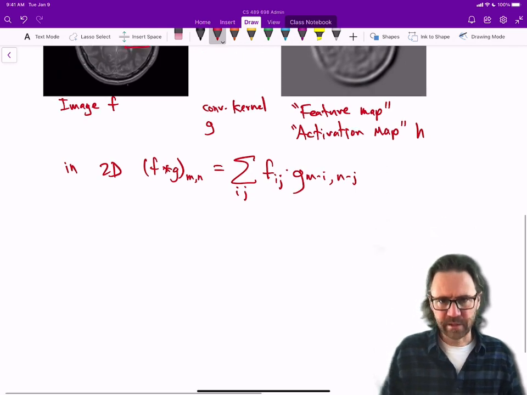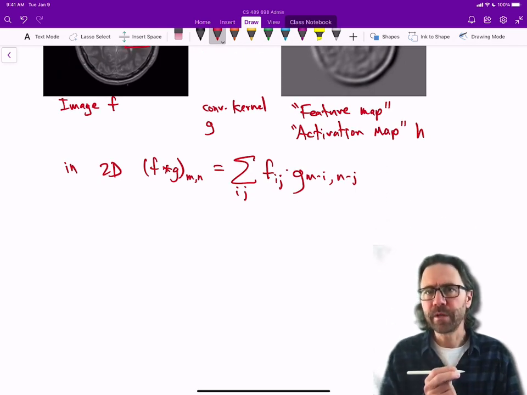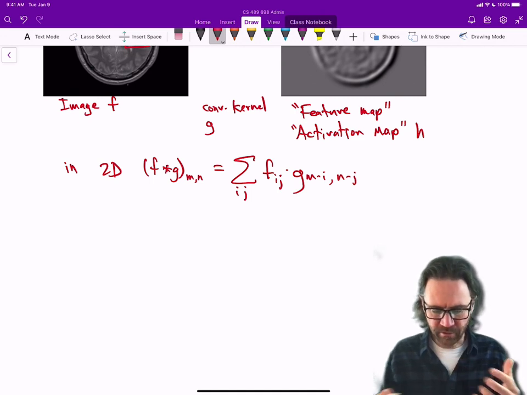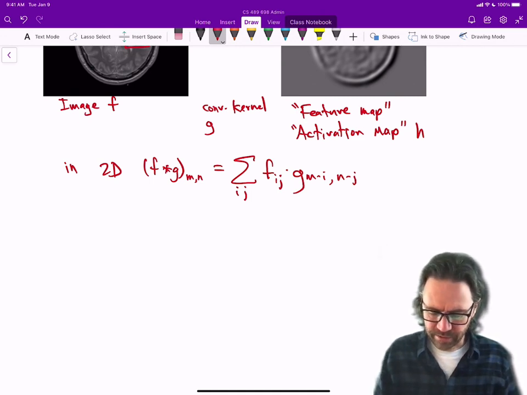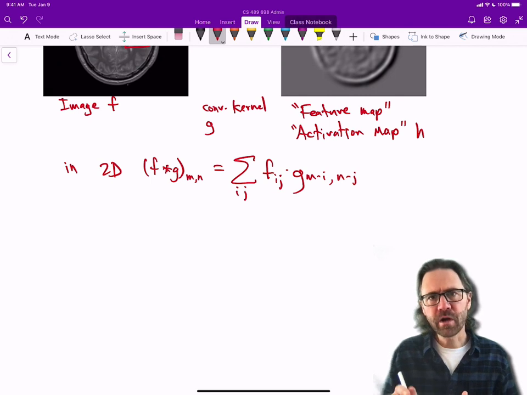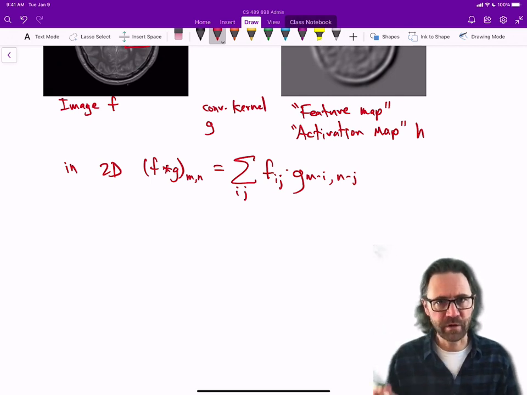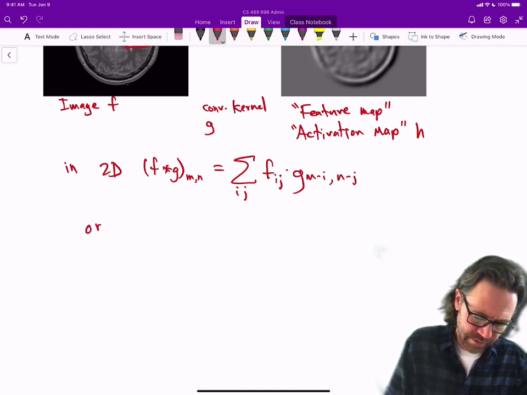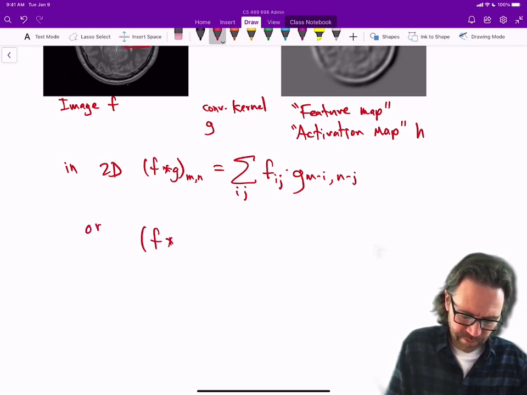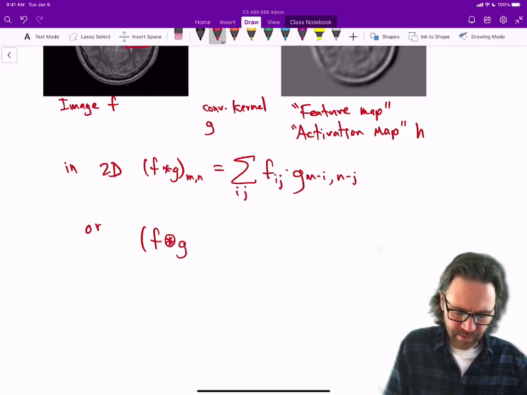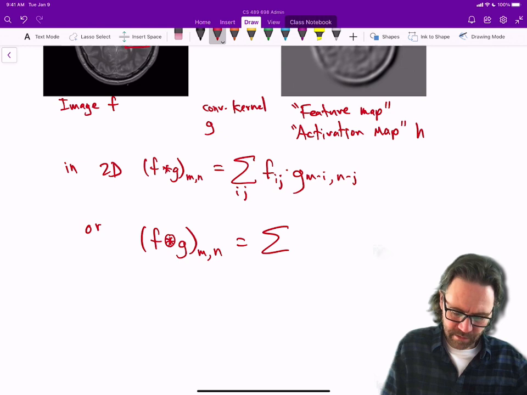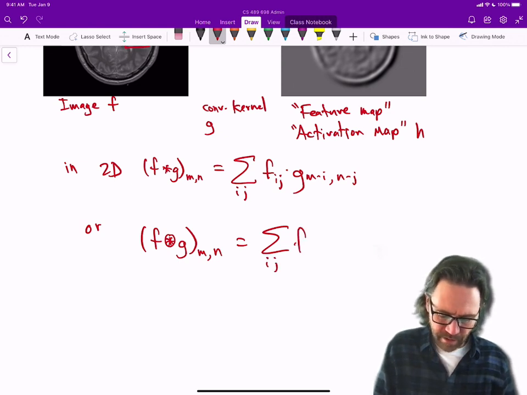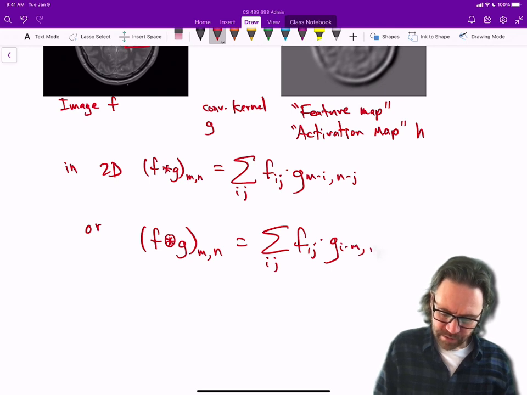Okay, now this is the way we'll normally use it in neural networks. We don't really do the true convolution where you flip the kernel backwards. So we'll usually use it more like this, and I'll use a slightly different symbol. I'll put a circle around the convolution operator, and it'll again be a double sum of F_ij times G of i minus m, j minus n.